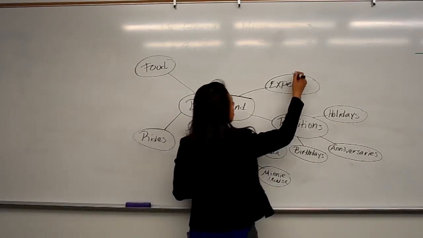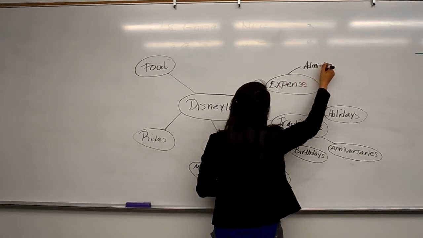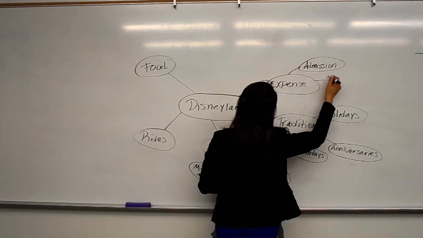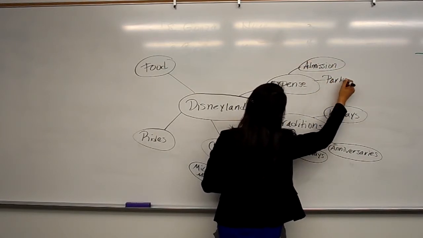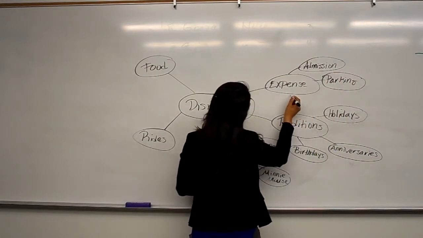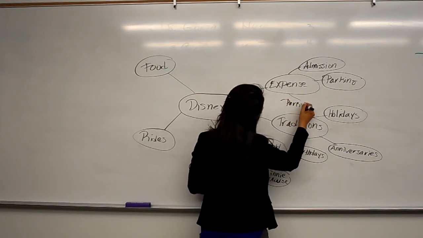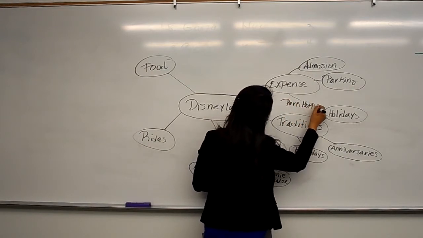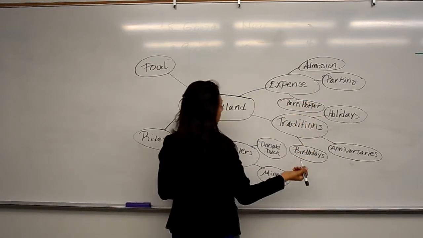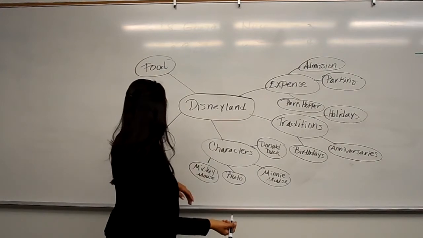Regarding the expense, admission is pretty pricey, I believe. You could talk about parking. You could talk about, I believe they call it, the park hopper passes. And you could go on and on writing the different examples that relate to expense.